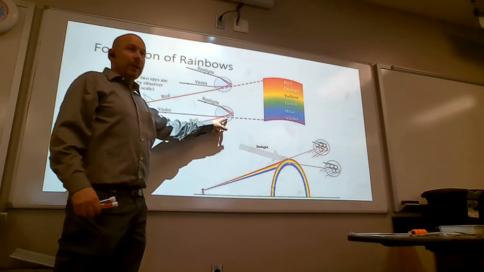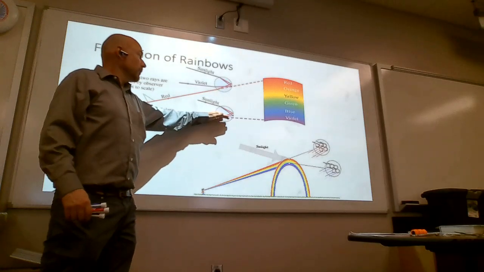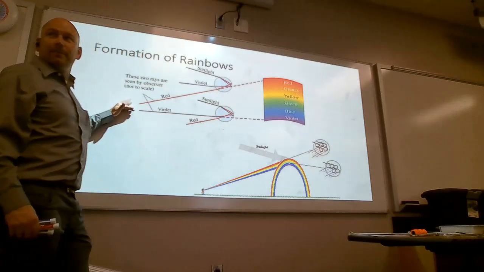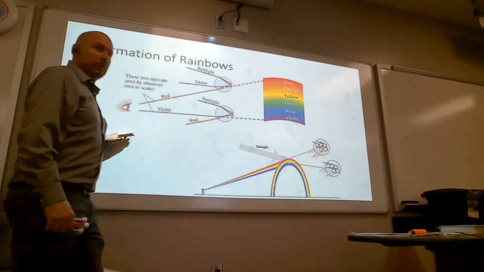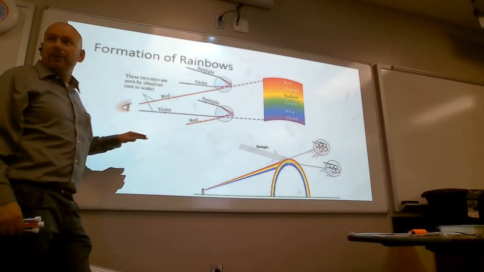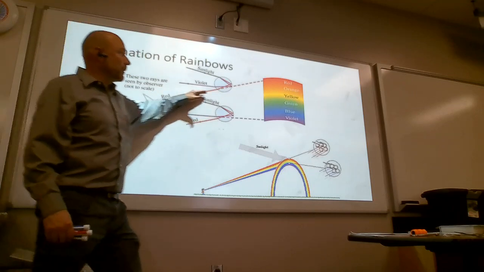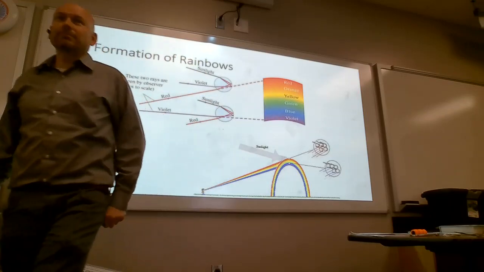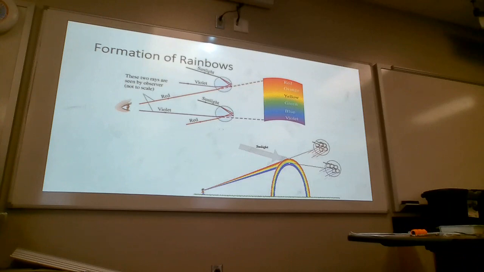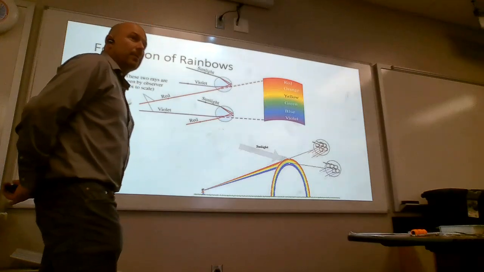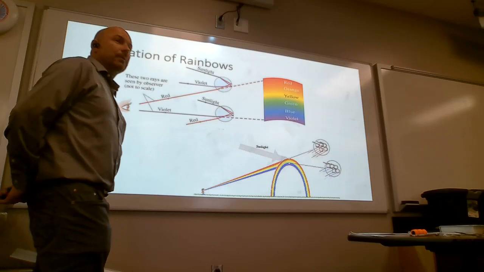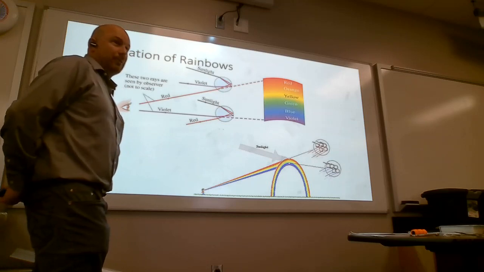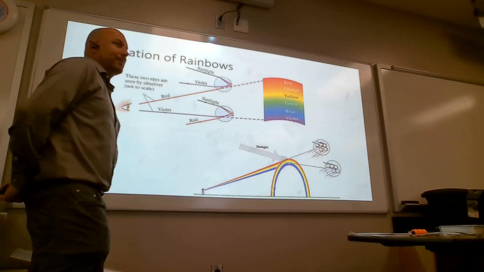A lower raindrop is shooting purple into your eye. Red is hitting your chest from that raindrop. So you see the color spectrum: red, orange, yellow, green, blue, purple. Good with that? Does that make sense? Is there a way to calculate the amount of deviation given the wavelength? Yes.